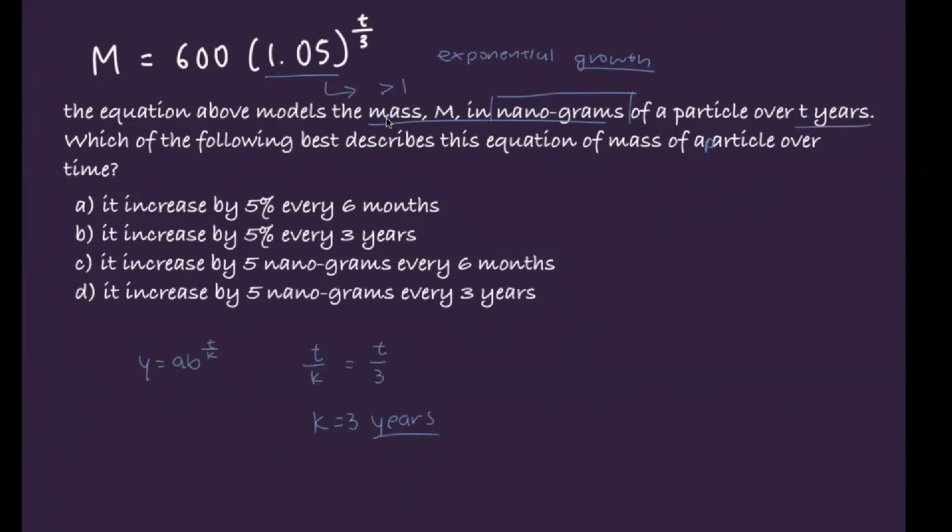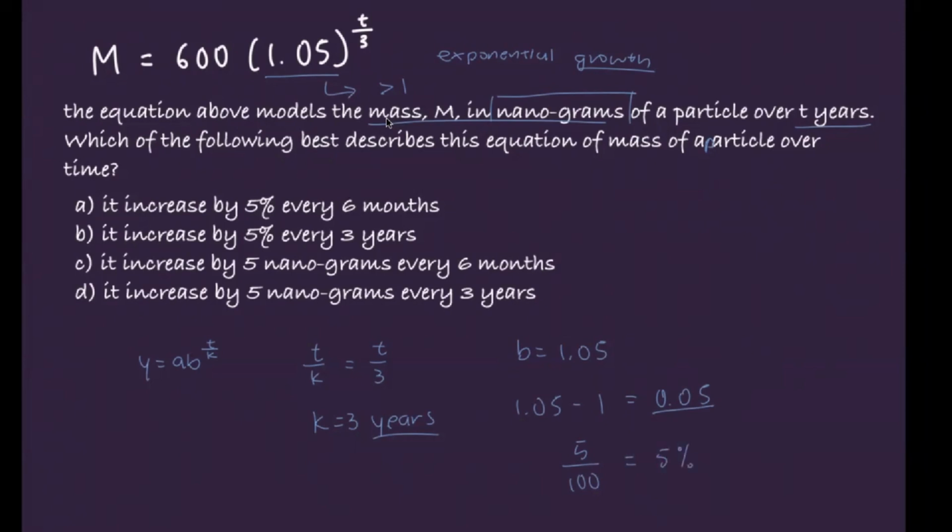And our growth factor is 1.05. B of 1.05 then we would have 1.05 minus 1, which is our original mass, and it would be 0.05. And how many percent is 0.05? 0.05 is 5 over 100, which is 5%.